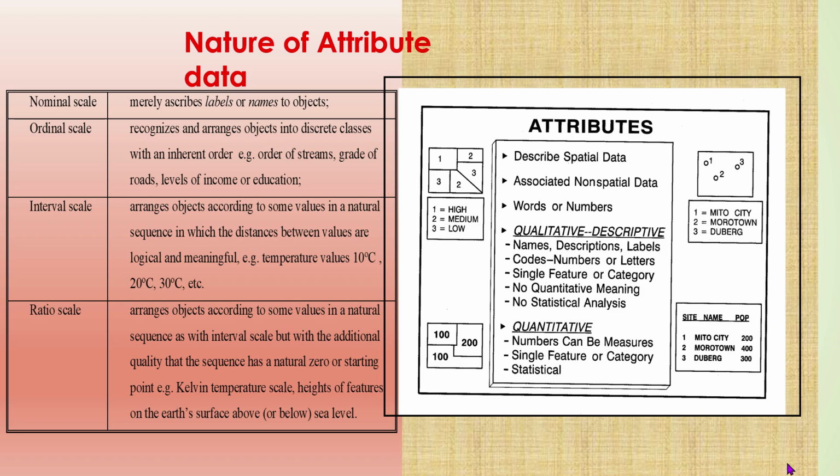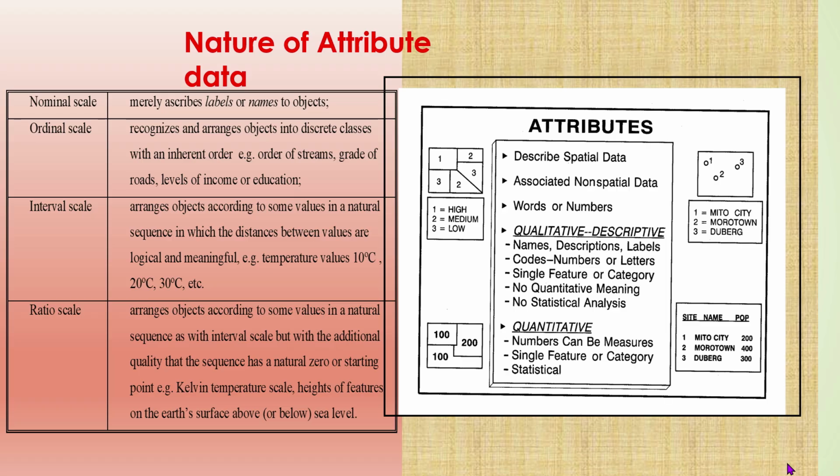You can also have interval scale. You can have attribute data that are captured in interval scale. This one arranges objects according to some values in a natural sequence, in which the distances between values are not logical or meaningful, but there are some forms of distances.